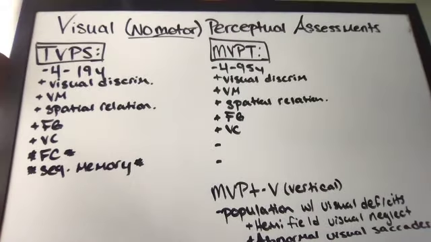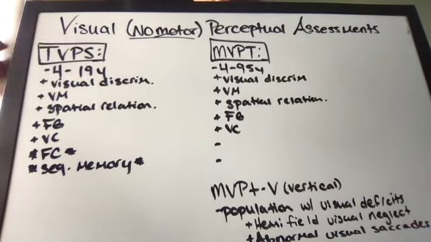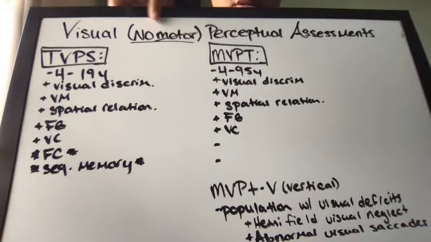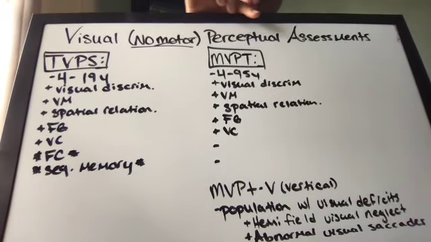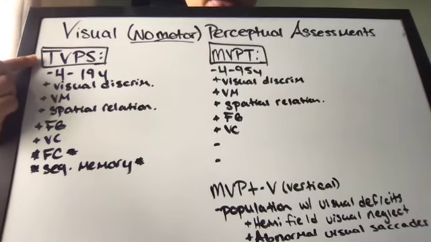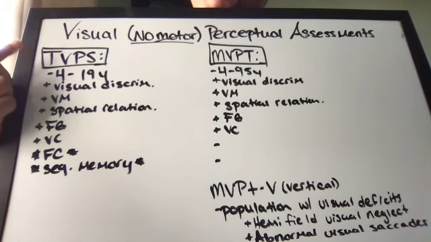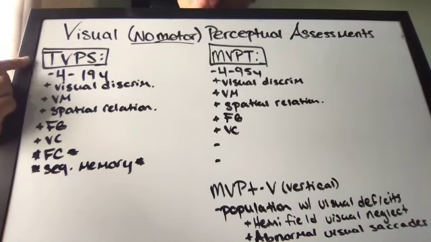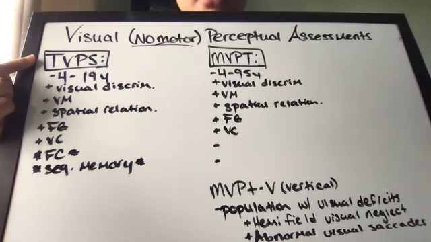Alrighty, now we're moving on to visual perceptual assessments, no motor. Before we did visual motor assessments, now we're doing visual perceptual. First up is the TVPS. We just talked about the TVMS, the test of visual motor skills. Now this is the test of visual perceptual skills.